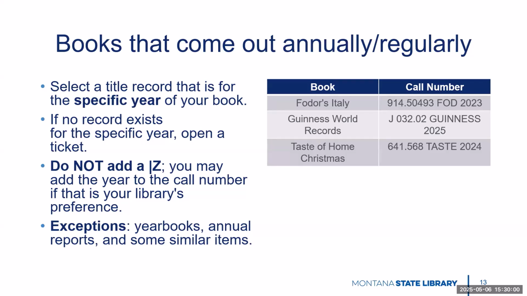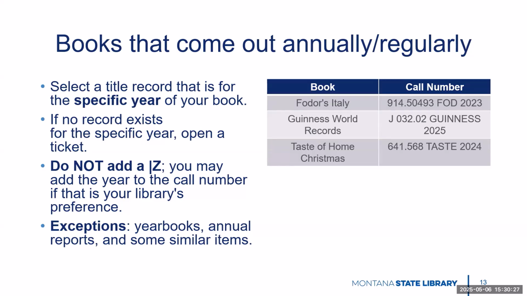You are going to want to select a title record that is specific for the year of your book. And if no record like that exists for the specific year in the system, we don't want you to bring in a record that is for all the years. Instead, we want you to open a ticket with us to help you find or create a record that you need.